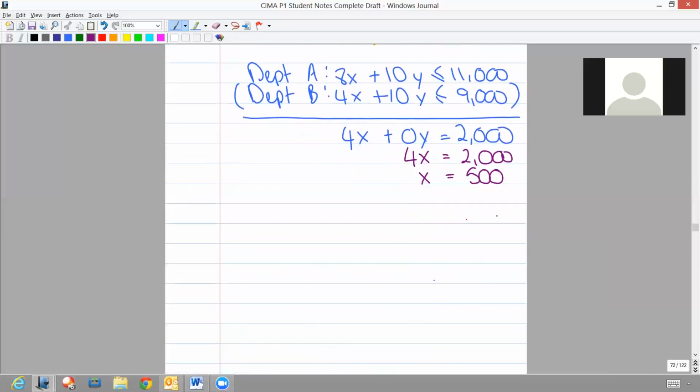What we now do to get our y value is substitute the 500 into our constraint.